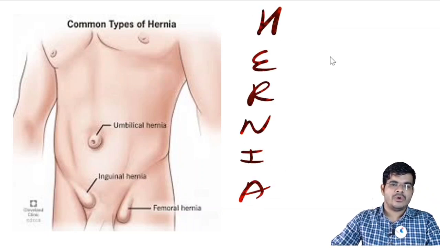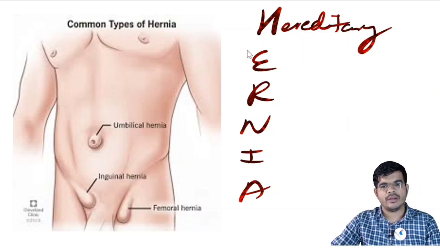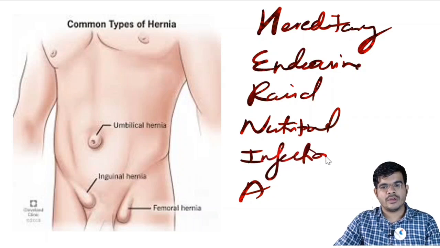H stands for hereditary, E for endocrine, R for racial, N for nutritional deficiency, I for infection, and A for autoimmune.